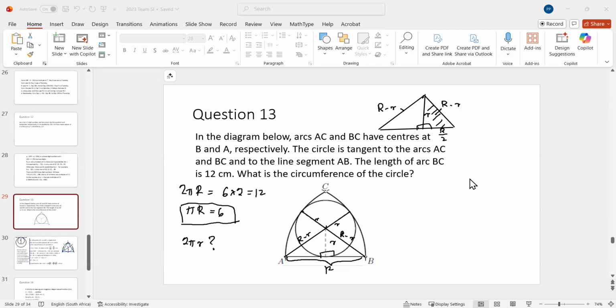And I would like to use a difference of 2 squares so I can simplify. I can say this squared is equal to this squared plus this squared, but I need to work out small r. So small r squared is capital R squared, R minus r, that's your hypotenuse, minus R over 2 squared.